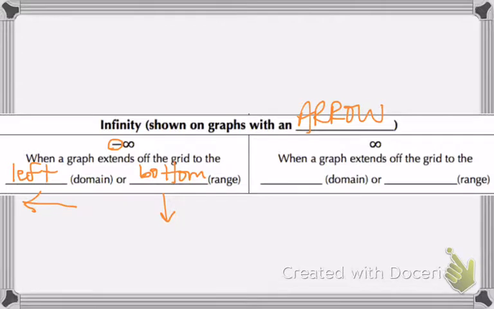And if a graph extends off the grid to the right, or up, then that would be the domain or the range going forever.